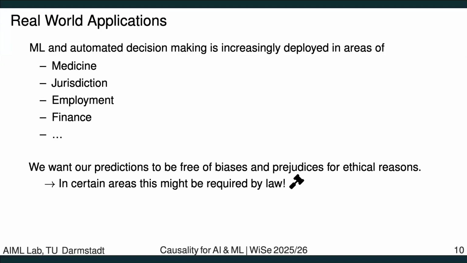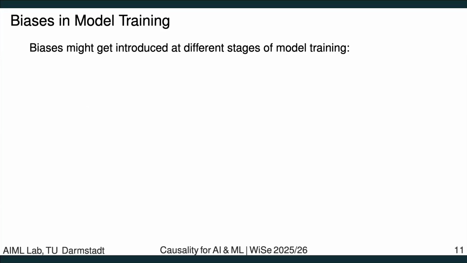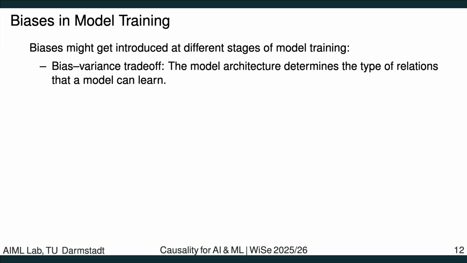In some cases, for example jurisdiction or finance, there might be actual laws that require us to document our efforts, and also to not discriminate against particular groups of people. And since we are probably going to train such models at some point, we might want to look at different biases that can get introduced to those models.